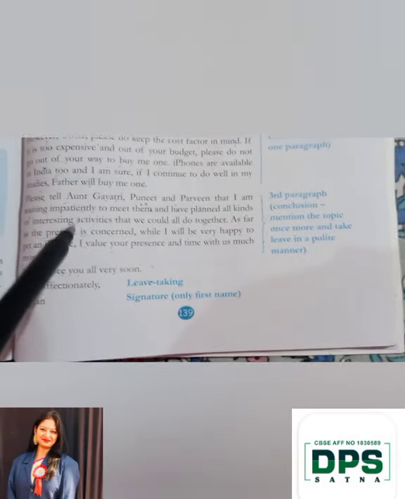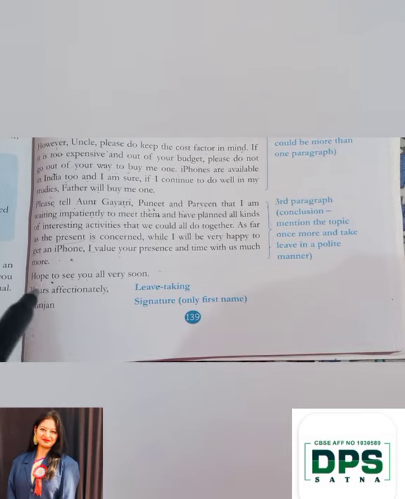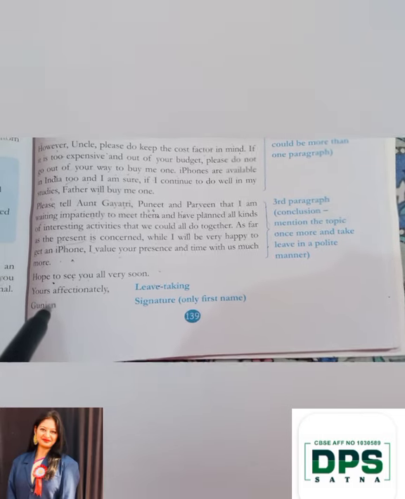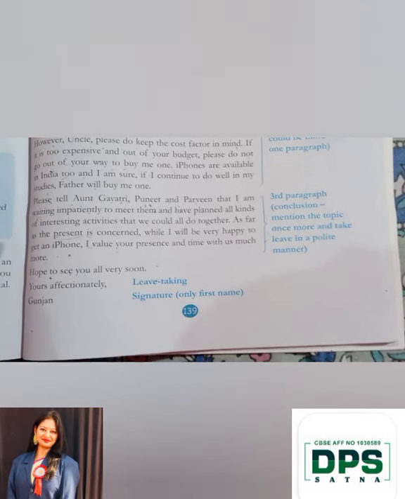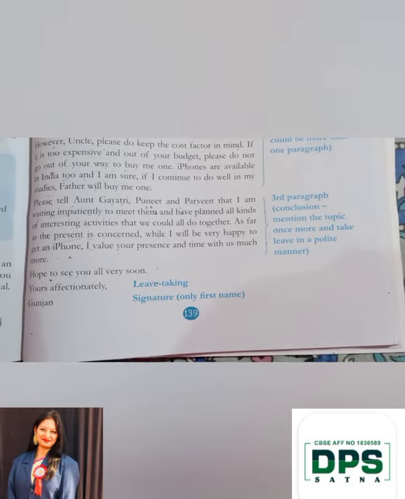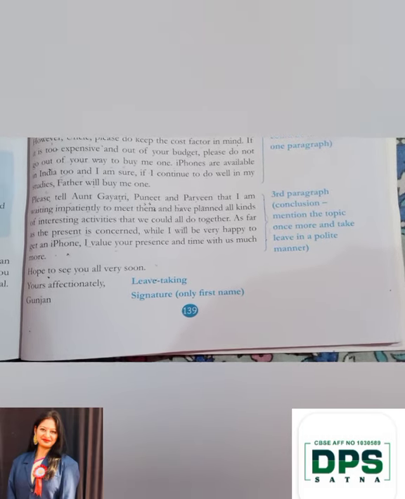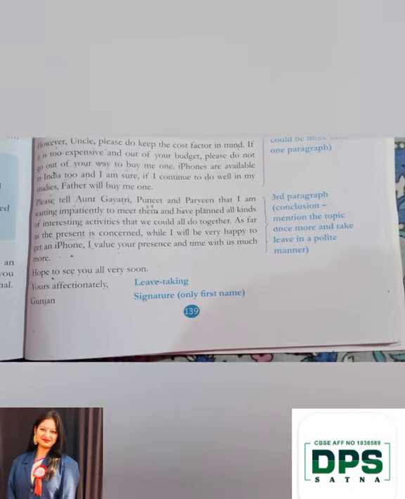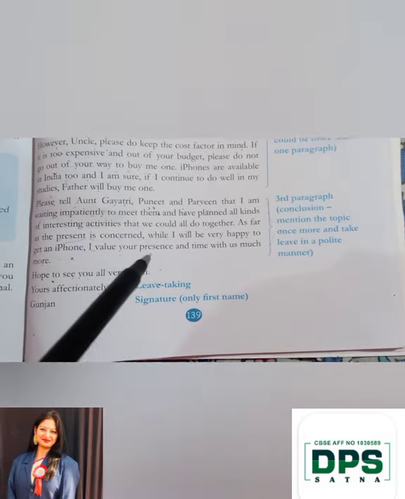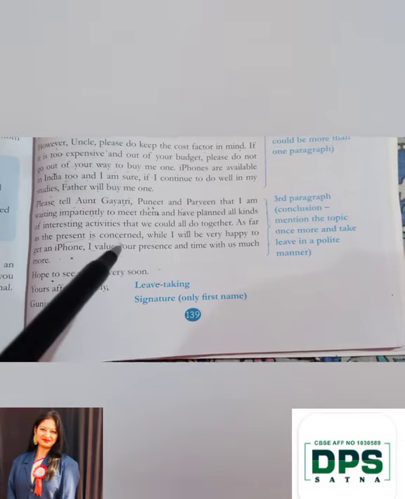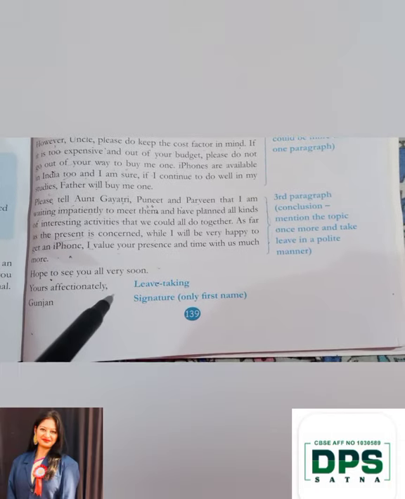Otherwise, if no name is mentioned in this letter in your exams, no need to write the alphabets ABC, PQR, LMN, whatever, three alphabets in capital letters, but don't mention your name when you're writing the letter in your exam.